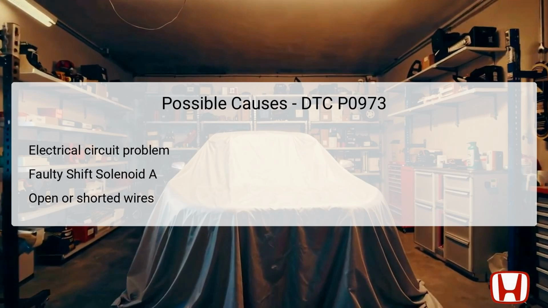Finally, wiring issues such as open circuits or short circuits in the wires connecting the solenoid to the PCM can also be at fault. Each of these causes requires careful examination and diagnostic testing to pinpoint the exact issue with the vehicle's transmission system.